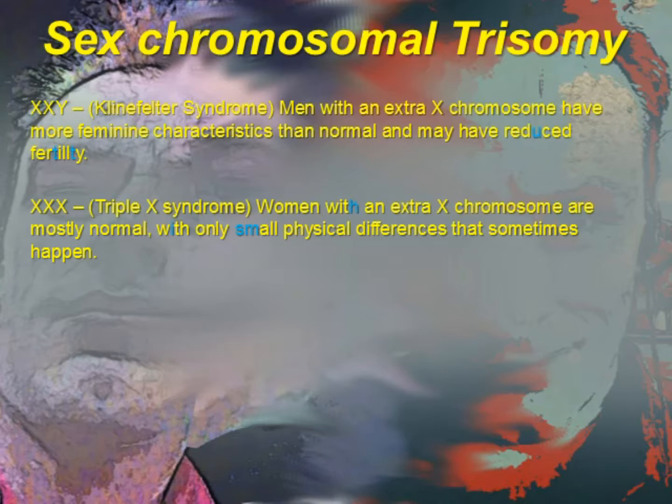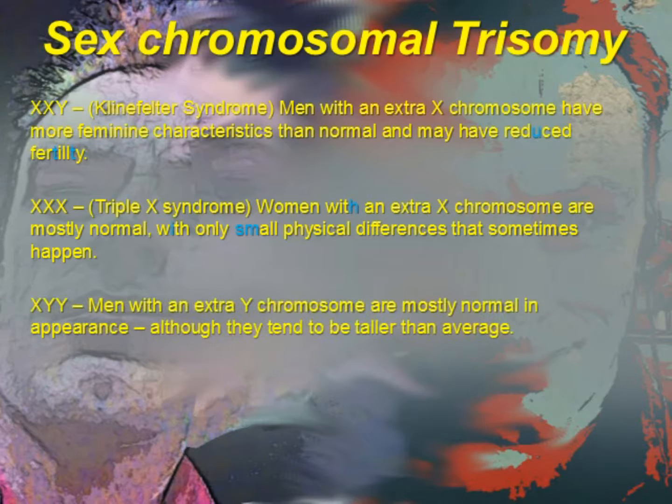XXX women are mostly normal. They have a few small physical differences that sometimes, but don't always, show. And then XYY men. There are men who have an additional Y chromosome, and they too are mostly normal, although they may be taller than average.